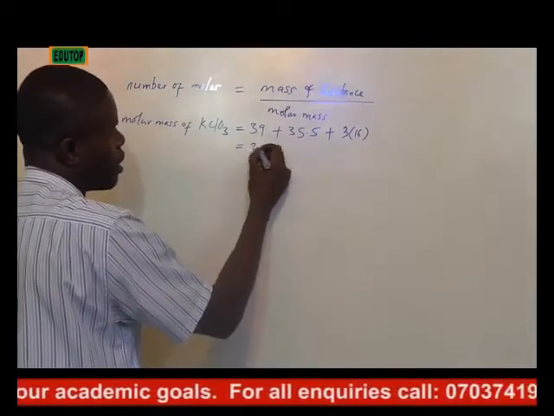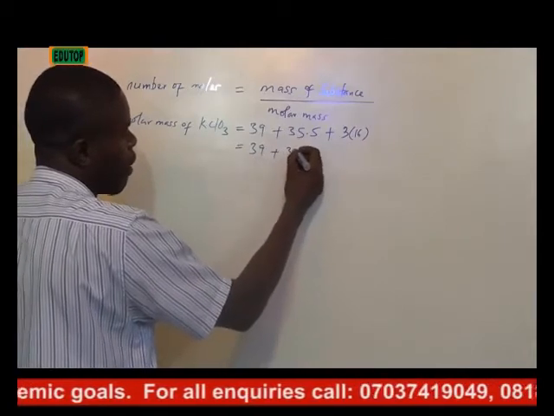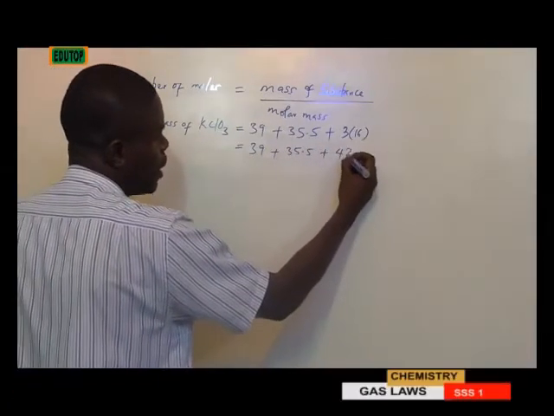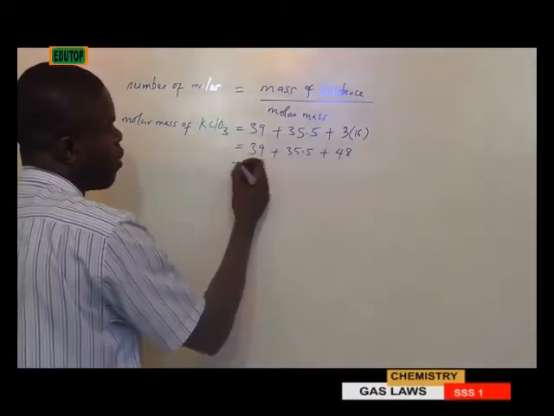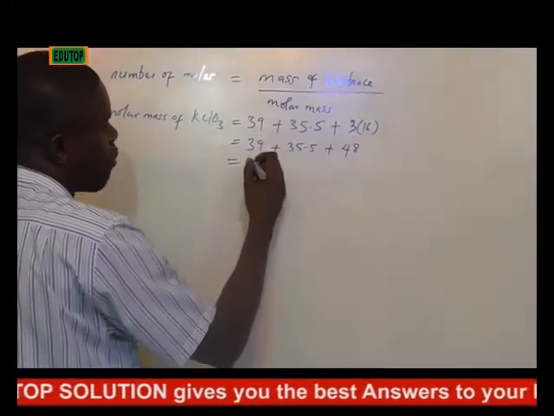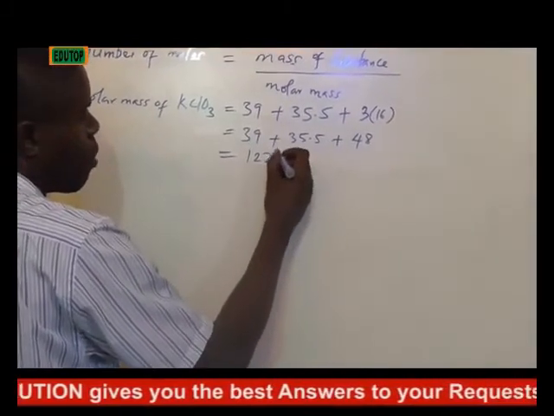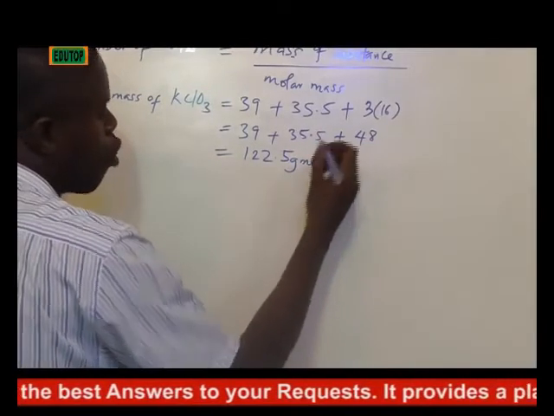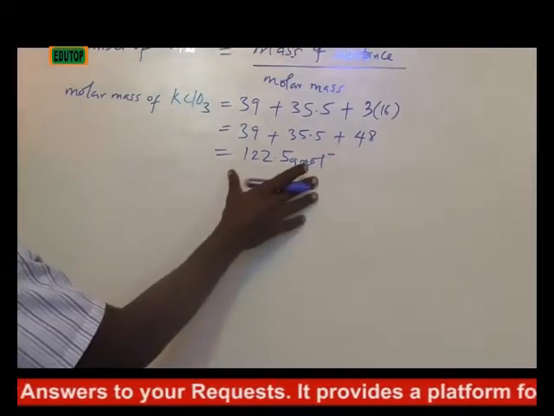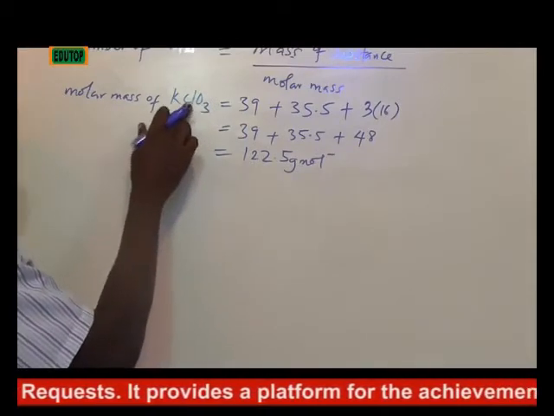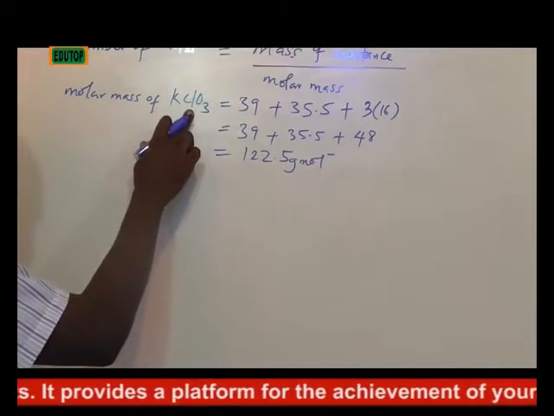Solving this, you have 39 plus 35.5 plus 48. Now, if you add all this together, you will have 122.5 gram per mole. That is the molar mass of potassium trioxochlorate 5.